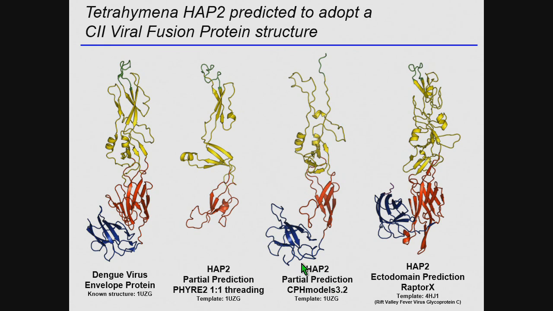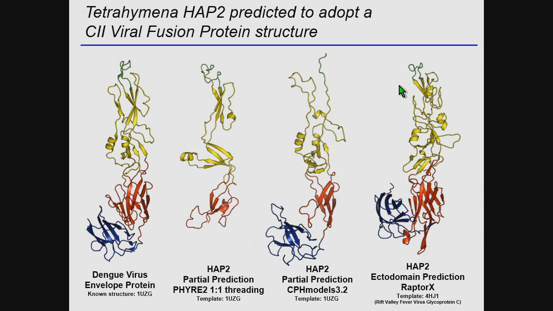And these predictions are of the ectodomain and are colored in accordance to the domain structures of typical class 2 viral fusogens. And you can see on the side the dengue virus envelope protein, and you can see the resemblance here. And before I move on, I want to highlight this region at the very tip of domain 2, which is called the fusion loop in the viral fusion protein.